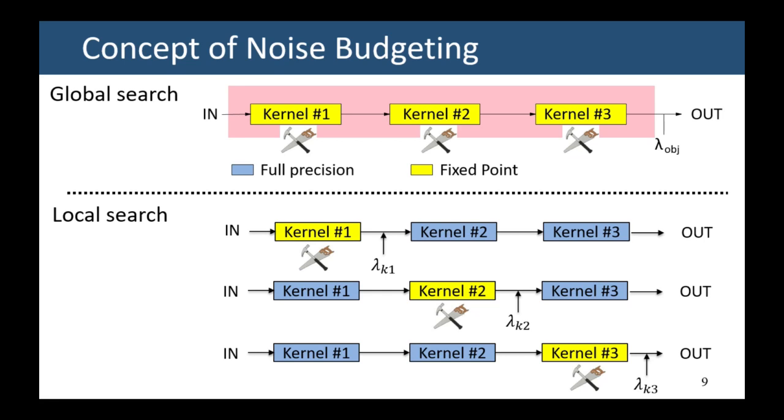Then we can merge them together to obtain the final solution. So given lambda 1, lambda 2, and lambda 3 as the constraints of each kernel, the merged solution satisfies the required accuracy constraint, lambda objective. So we call lambda 1, lambda 2, and lambda 3 the noise budgets.